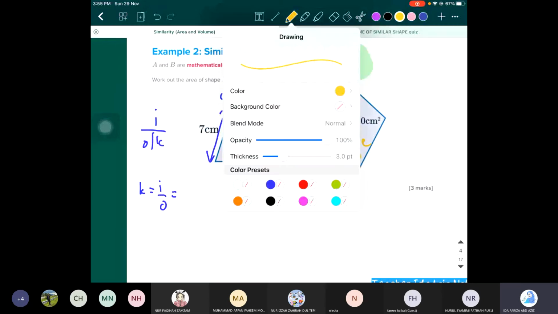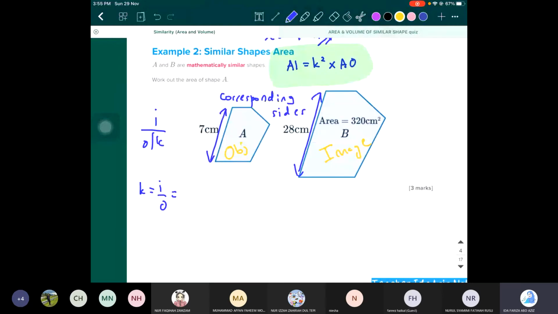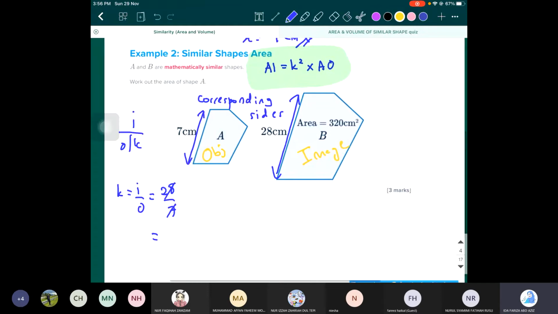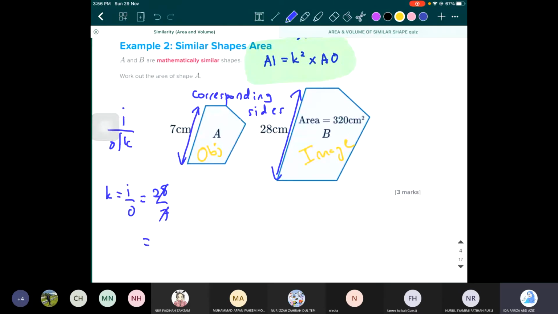So, saya akan masukkan dalam formula K equals I over O, 28 over 7. Okay, simplify class. Jom simplify. Sifir berapa ni? 28 bagi 7 dapat berapa? What is 28 divide 7? 4. Okay, so K equals 4.